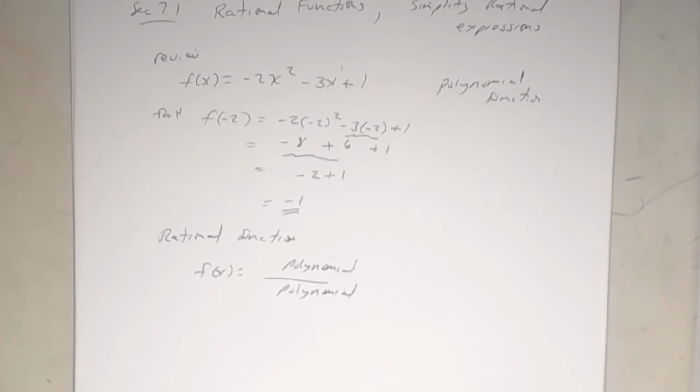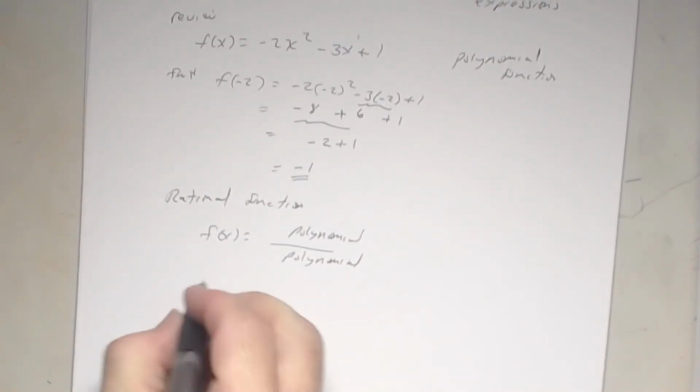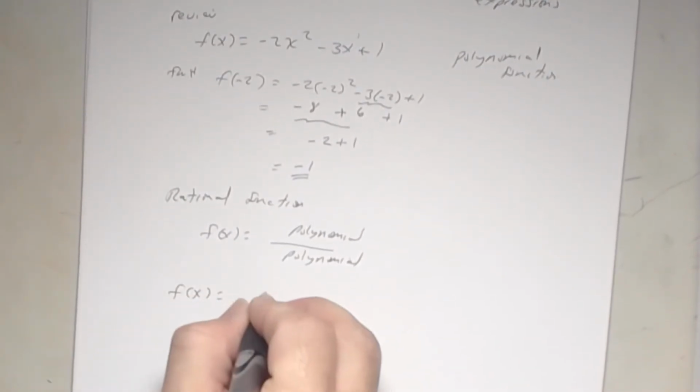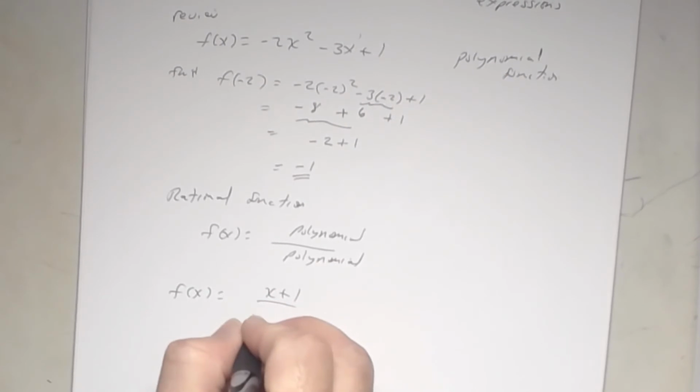Here's an example: f of x equals x plus 1 divided by x plus 2. Notice the numerator, x plus 1, is a polynomial. The denominator, x plus 2, is a polynomial. The ratio is called a rational function.